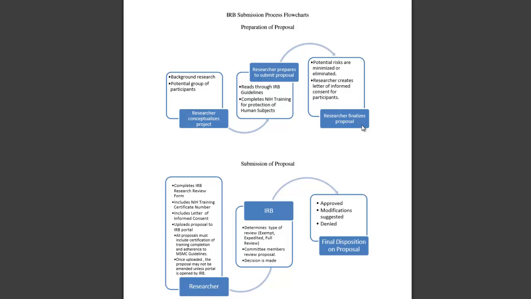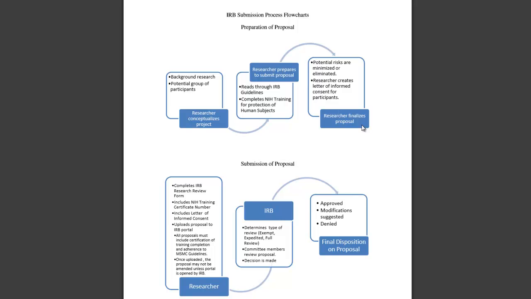The IRB meets regularly once a month. Proposals that are submitted by the 10th of the month will be discussed at the regular meeting. When the proposals come in, the chair and members of the committee examine the proposals and determine whether we have full, expedited, or exempt review.